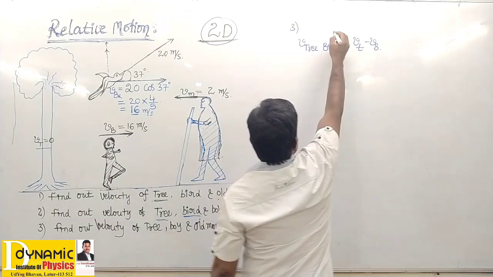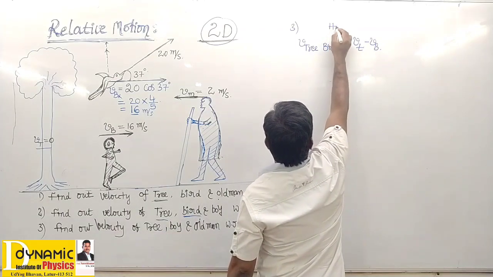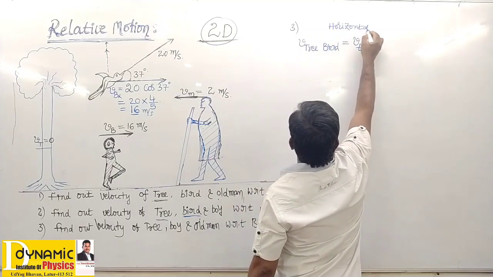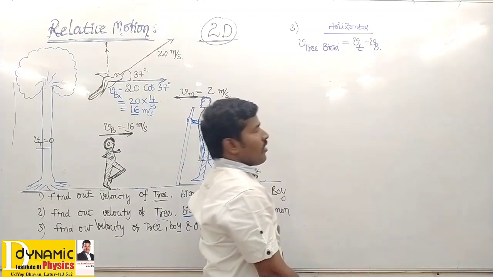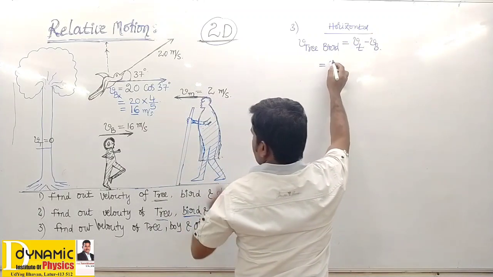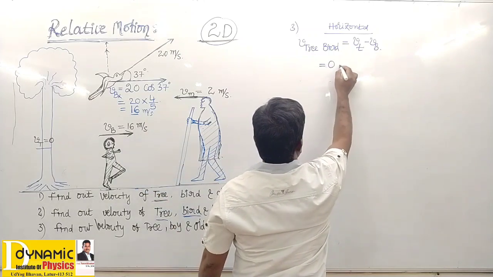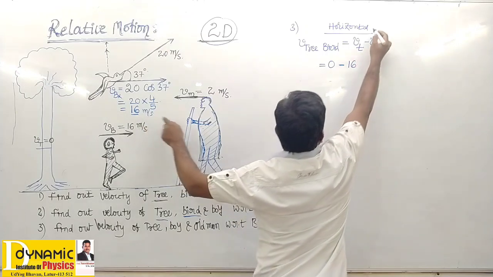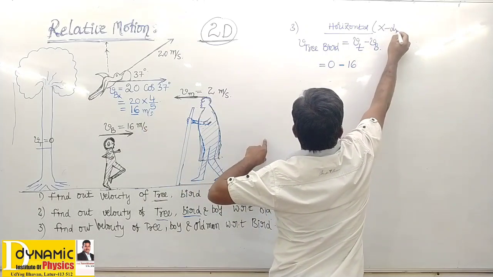One is the horizontal direction, another is the vertical direction. Initially we use only the horizontal. In the horizontal direction, the velocity of the tree is 0, and the bird's velocity is 16. This is the x direction only.